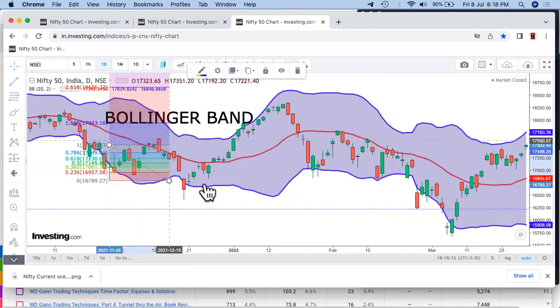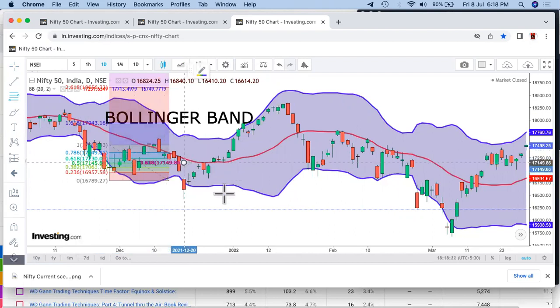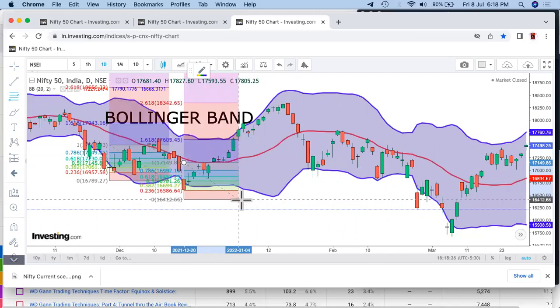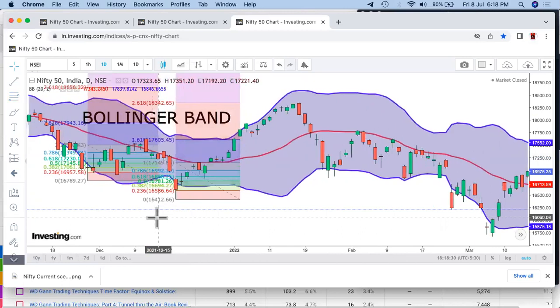If you take cognizance in a similar way over here, you'd be finding the same thing. So by doing this, probably you'll be able to increase your high probability trades. Simple as that, nothing more than that.